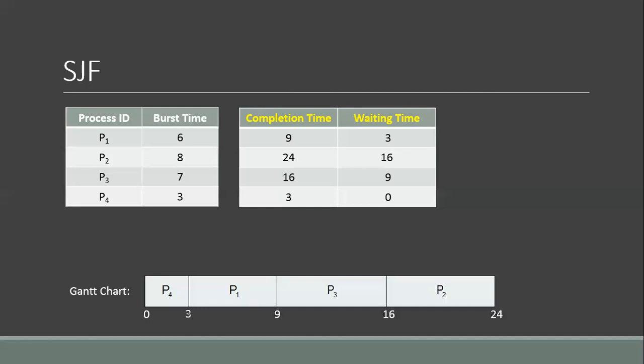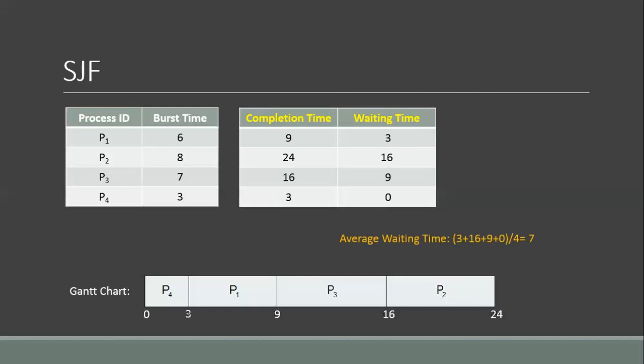So this has been waiting for 9 milliseconds in the ready queue. Process P4 started its execution at time 0. So this process didn't wait in the ready queue because it arrived at the ready queue at time 0, and at the same time it was allocated the CPU. So the waiting time for this process is 0.